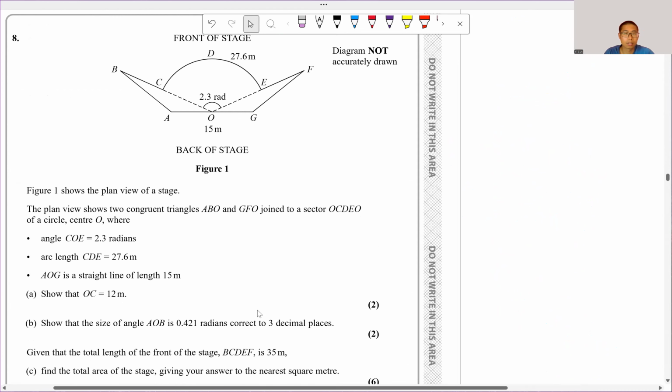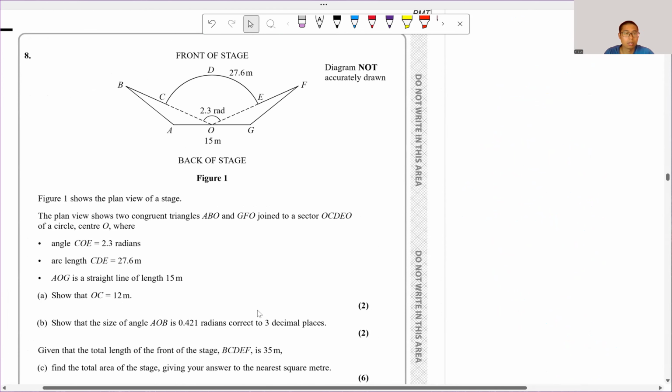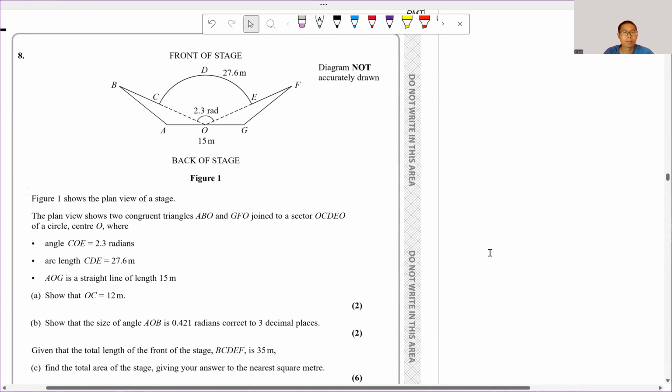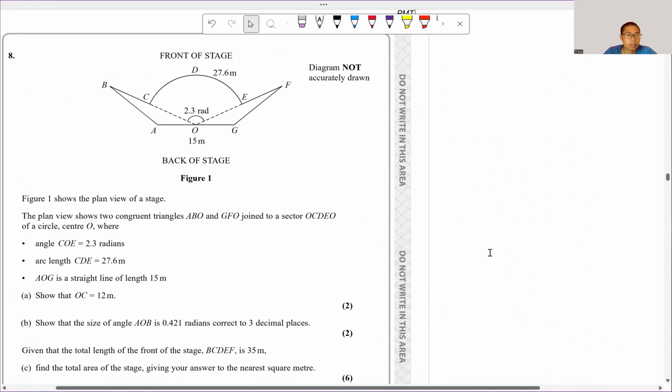Question 8. So this is the area question. Figure 1 shows the plan view of a stage. The plan view shows 2 congruent triangles ABO and GFO. So that means those 2 triangles are exactly the same.